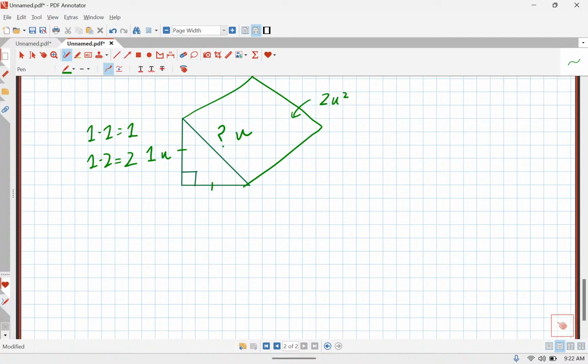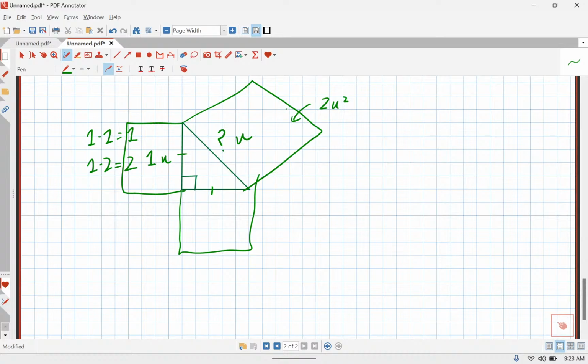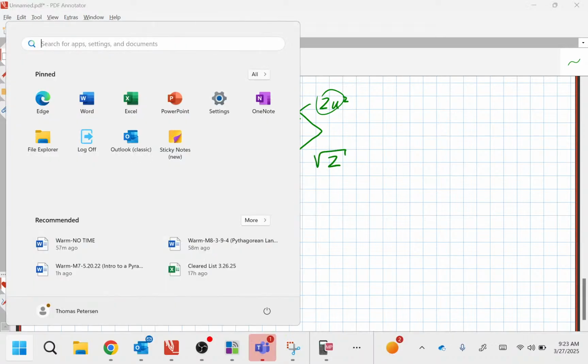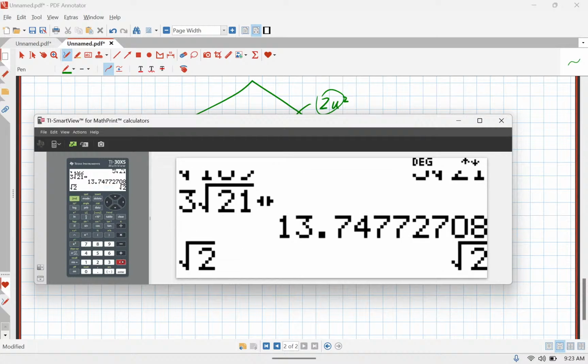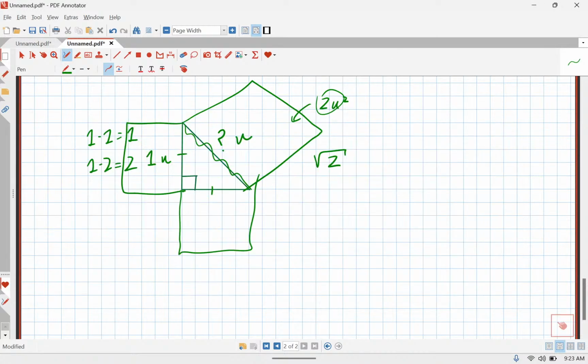Actually, I think we're good, because the 1 times 1 was this one. The 1 times 1 was this one. Add them together, and you get this one. And then what do I do to this number to find out this length here? Yeah, we take the square root of 2, which our calculator very unhelpfully says is the square root of 2, which is about 1.414.